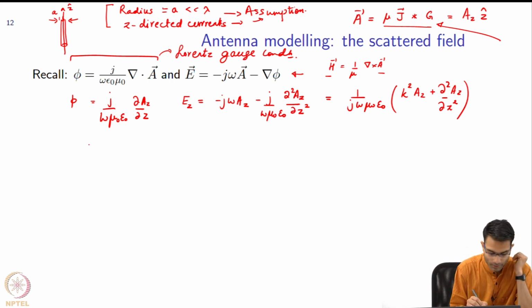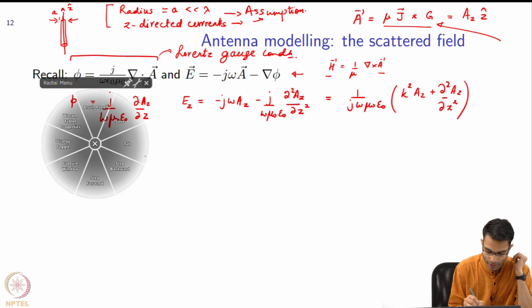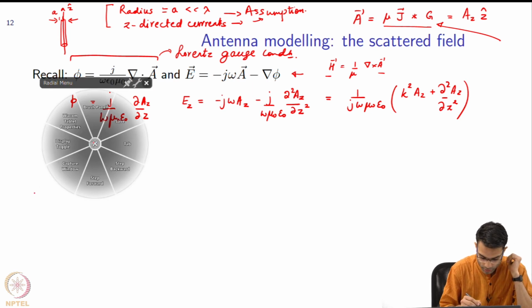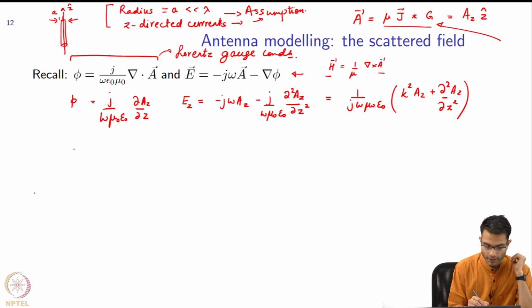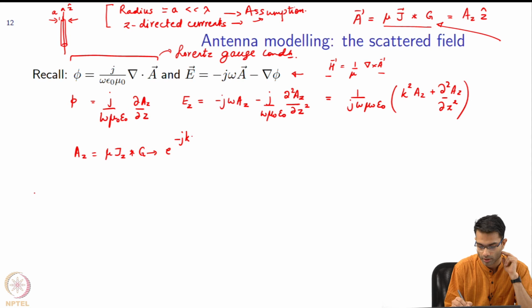So, what is my A? I can write Az in terms of this convolution, in terms of mu Jz convolved with G, right, and G is of what form? e to the minus jkr by 4 pi r.